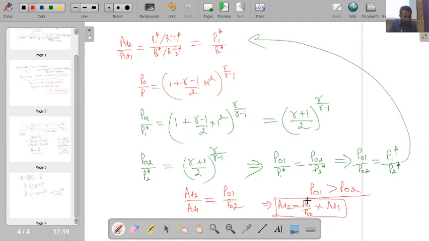And as this ratio is greater than 1, so ultimately A2 has to be greater than A1. So this is another important conclusion. Okay. So the point is, if you use a supersonic wind tunnel to achieve some supersonic Mach number, whenever you are using the convergent divergent section for a nozzle, then it will be having a different throat area.